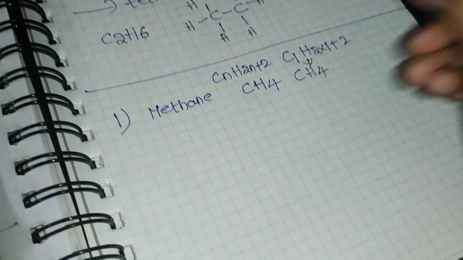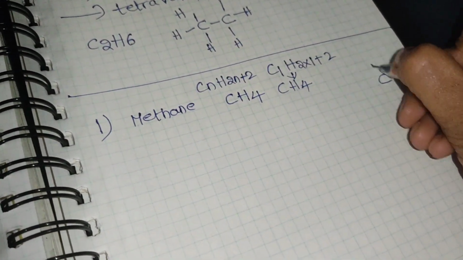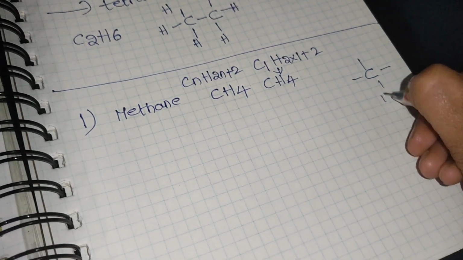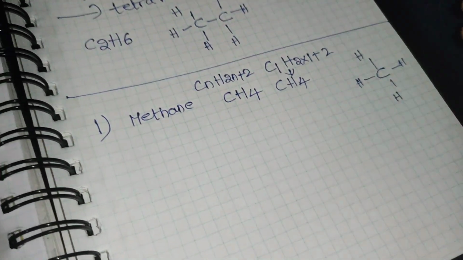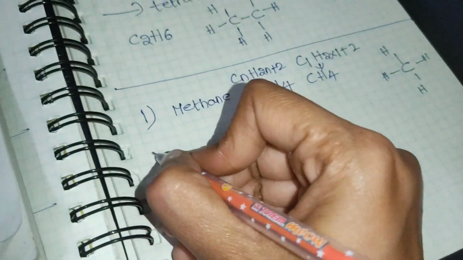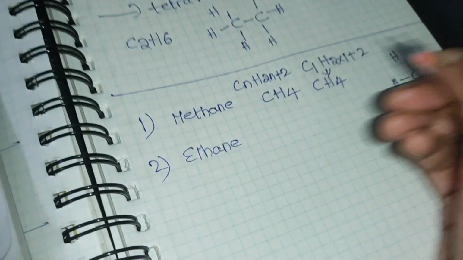Correct, right? Like this we can calculate and write the structure. One carbon with 4 hydrogens attached to it is methane. Next, with 2 carbons, it is ethane.